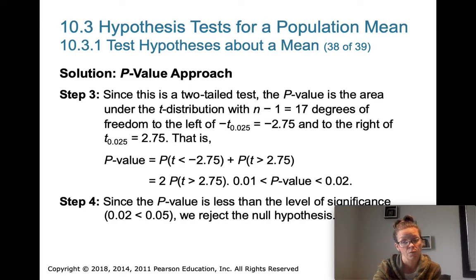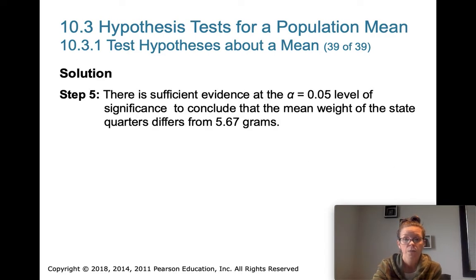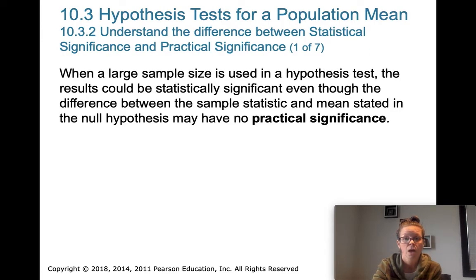However, if we had chosen alpha 0.01, we would not reject the null, so tricky there. At the alpha 0.05 level, there is sufficient evidence. All right, now when a large sample size is used in a hypothesis test, the results could be statistically significant, even though the difference between the sample statistic and the mean in the null might have no practical significance.